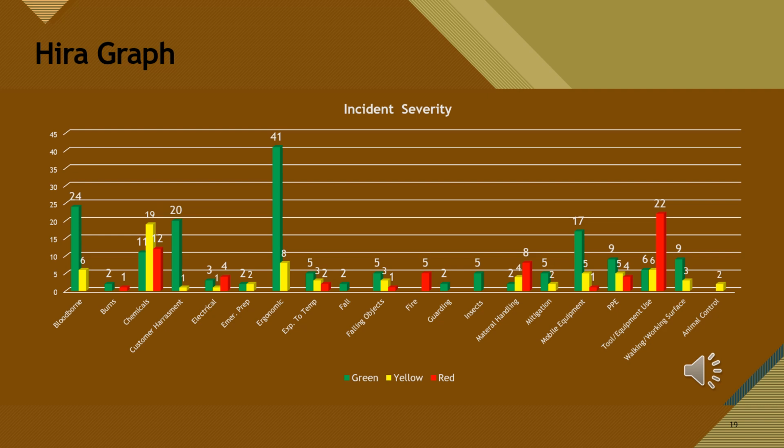And thinking back to near miss number 2 and near miss number 1, near miss number 1 was the tool/equipment use that dealt with the employees using a trash compactor and putting their hands in the compactor to put more trash in it as it was lowering. 17 cases is not tolerable.